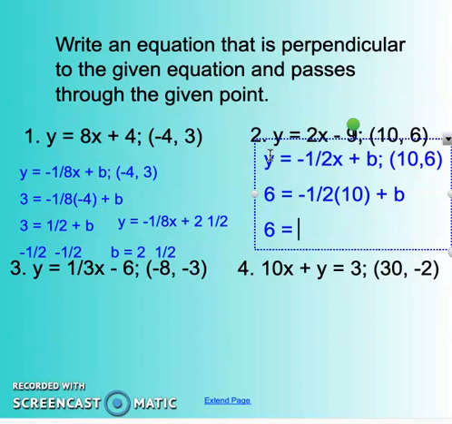negative 1/2 times 10, so if I take 1/2 of 10, it'd be negative 5 plus b. So negative 5 plus what is positive 6? Well, remember, do the opposite. The inverse operation of this would be subtraction.